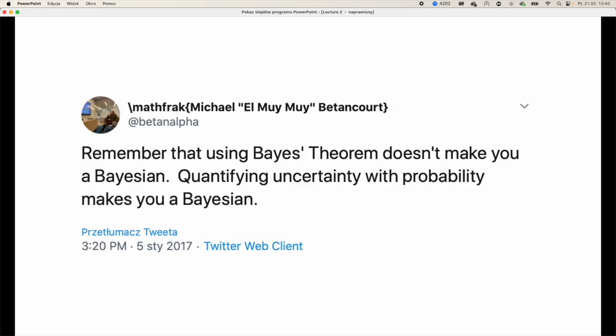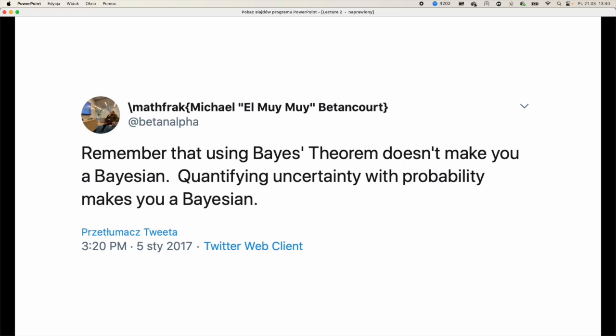Quoting one of the most notable Bayesian propagators now, Michael Betancourt, you should remember that using Bayes' theorem does not imply that you are using Bayesian statistics. Bayes' theorem works in all kinds of statistics and probability computation. As a formula, it is a simple consequence of the joint probability theorem.